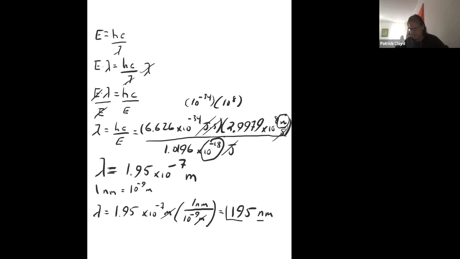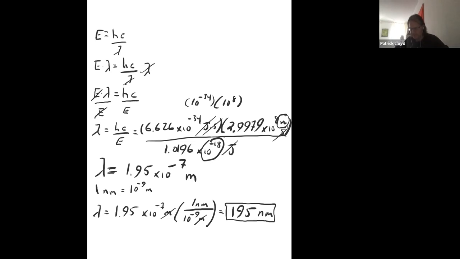So if our wavelength is 1.95 times 10 to the minus 7 meters, times 1 nanometer divided by 10 to the minus 9 meters, the meters cancel and we have nanometers. What you end up with is 195, or 1.95 times 10 to the 2.